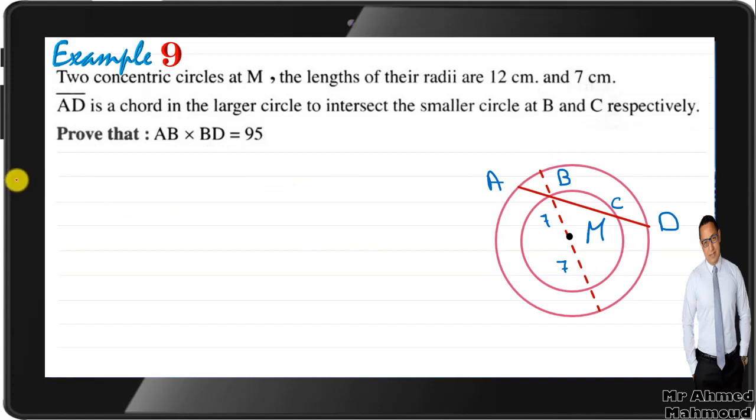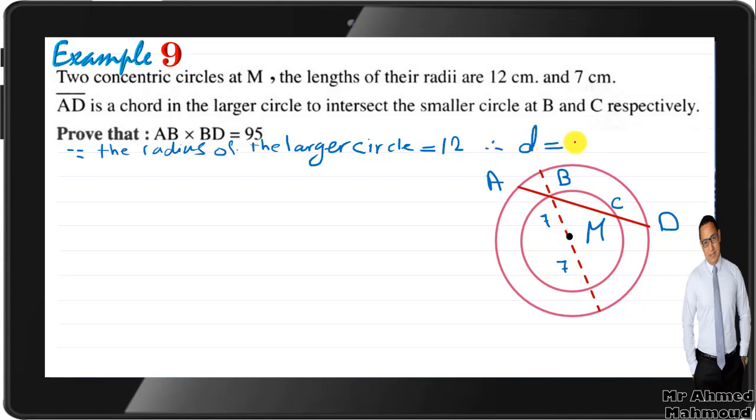Okay, now since the radius of the larger circle equals 12, therefore the diameter equals 24.